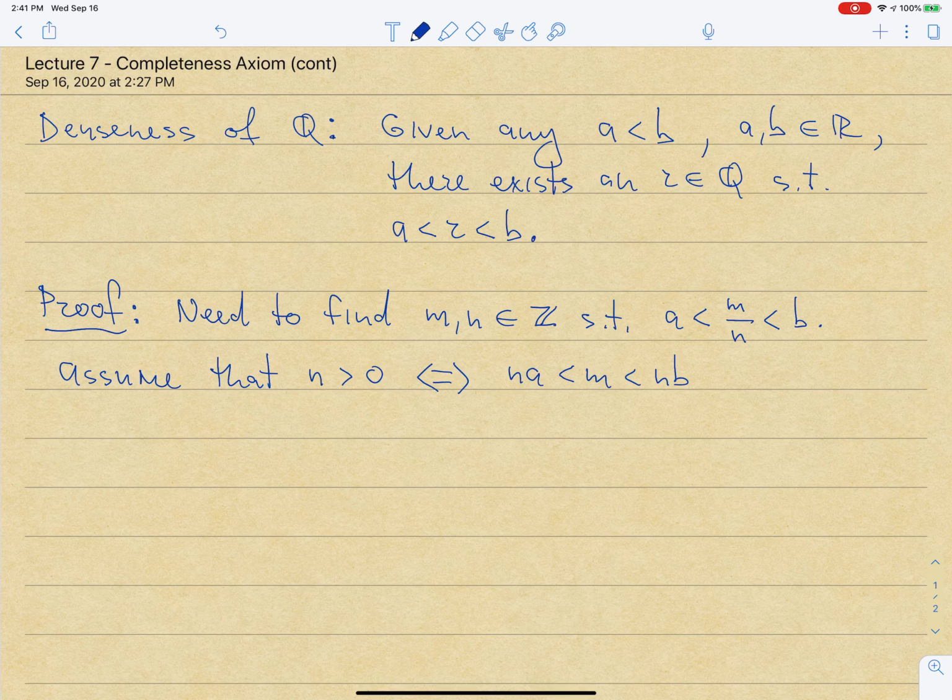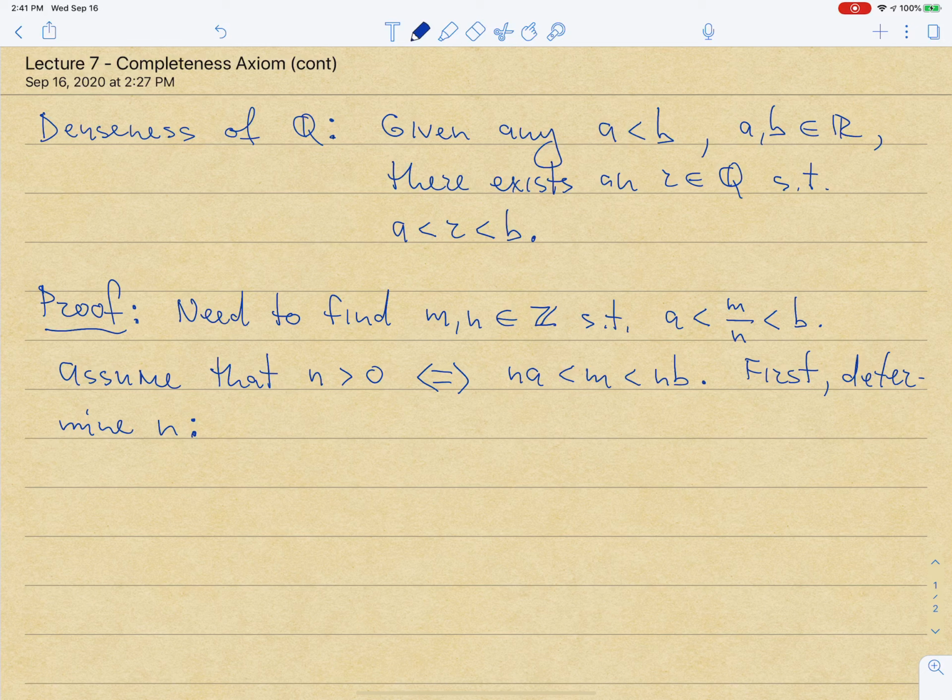Okay, so I need to find such n and m, so I need to find actually two numbers, not just one. So let's do it in this way. So first, I want to be able to find n. So first, we're going to determine n.